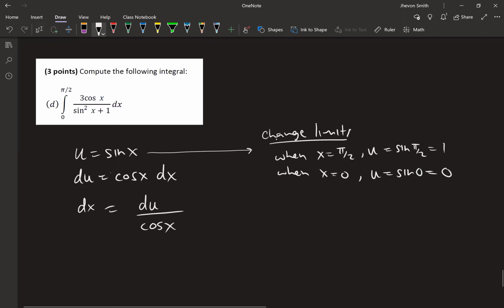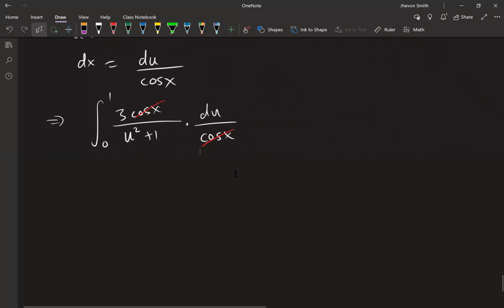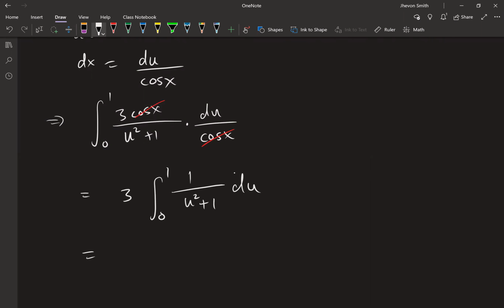And so this integral becomes the integral from 0 to 1 of 3 cosine x over u squared plus 1 du over cosine x. Of course, here the cosines cancel. And so we are left with 3 times the integral from 0 to 1 of 1 over u squared plus 1. And what's the integral of 1 over u squared plus 1?